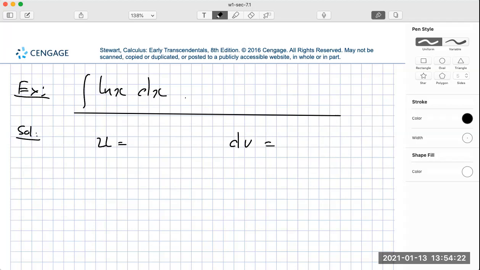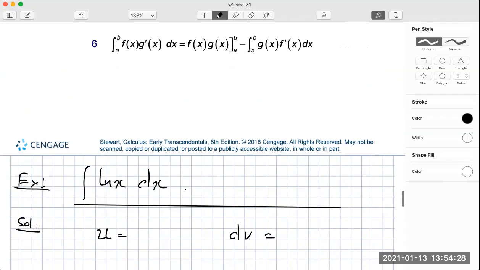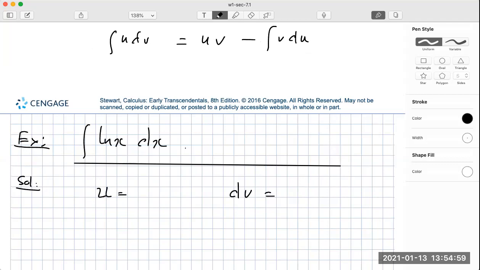Your point of view. So let me rewrite. Keep this, okay. U is natural log of x. Well, no, I'm asking.